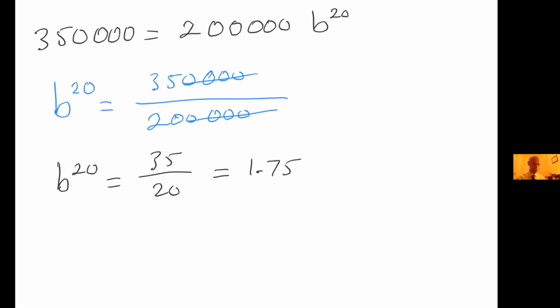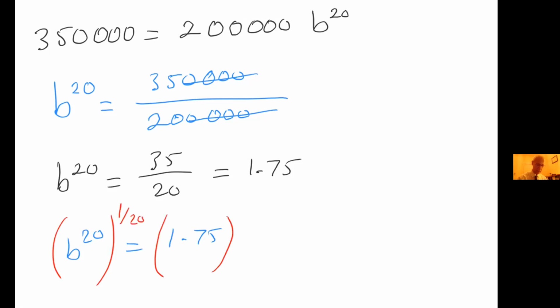All right. So now that I know that, I want to solve for b. I have b to the power of 20 equals 1.75. I'm going to raise both sides of this equation to the power of 1 over 20. So this cancels this.